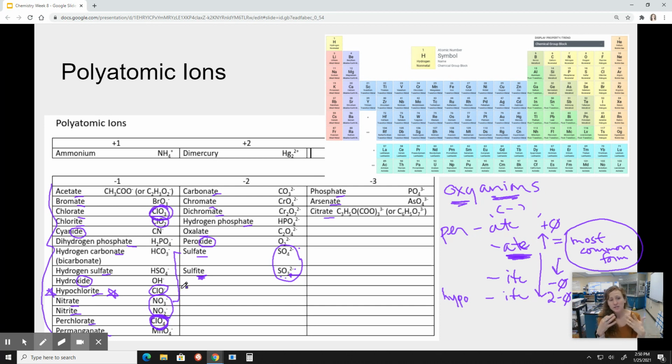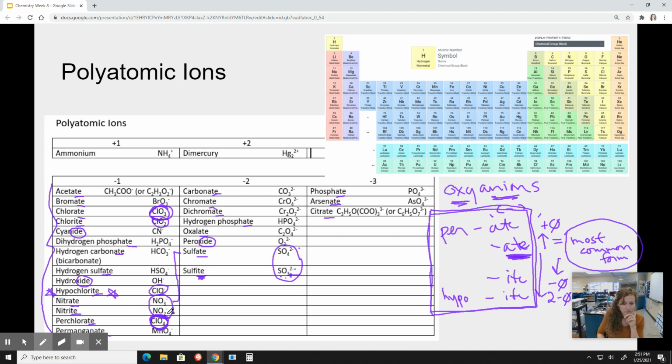So that's one of the ways to understand the naming within these polyatomic ions, is that the oxyanions really exist as families, and they are named relative to one another. So now you know the difference between ate and ite. You know where the per and the hypo prefixes come from. It's all part of the name of these polyatomic ions.